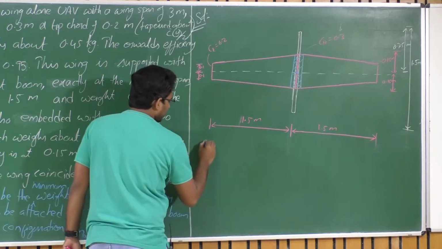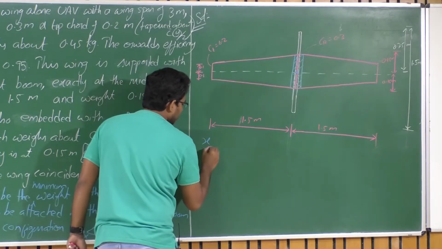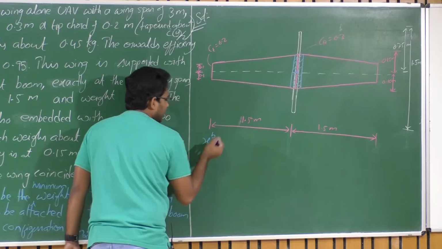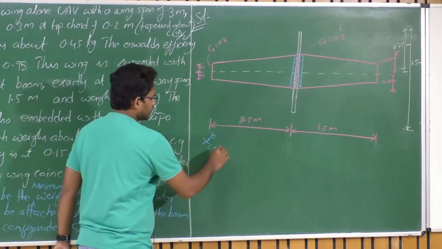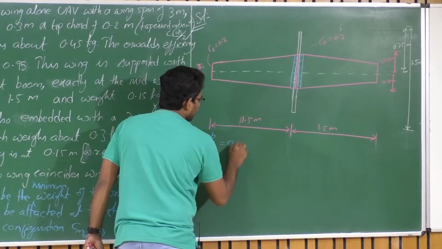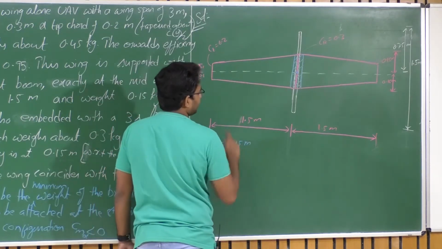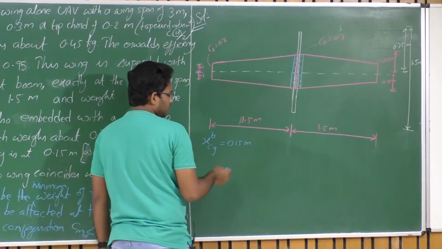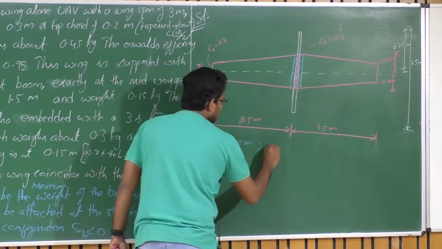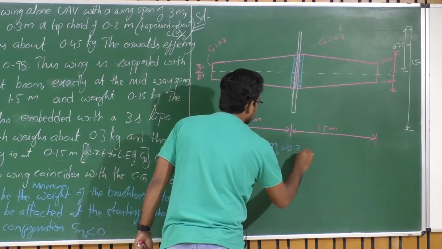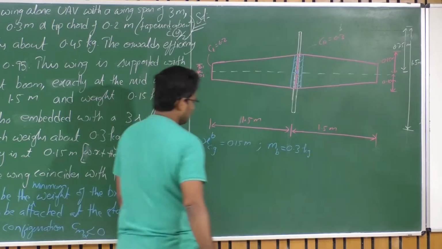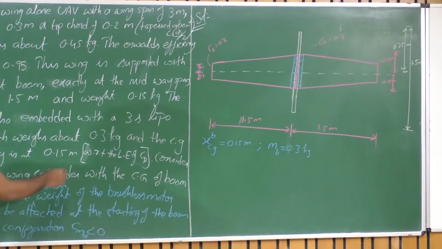So now what I can do is write X CG of battery, where the superscript B stands for battery. The X CG of the battery is at 0.15 meters with respect to the leading edge of the root chord, and the mass of the battery is 0.3 kg. That is what is given: 0.3 kg, 0.15 meters.